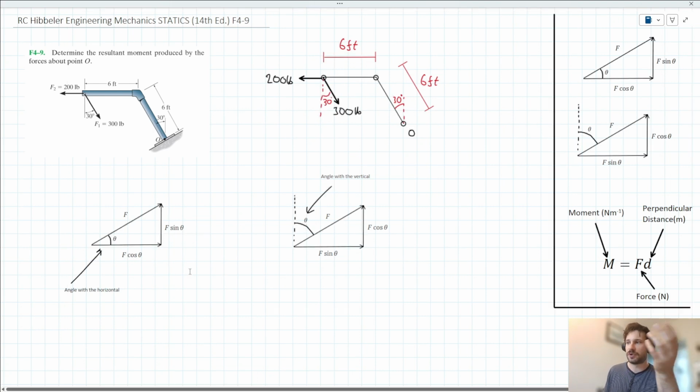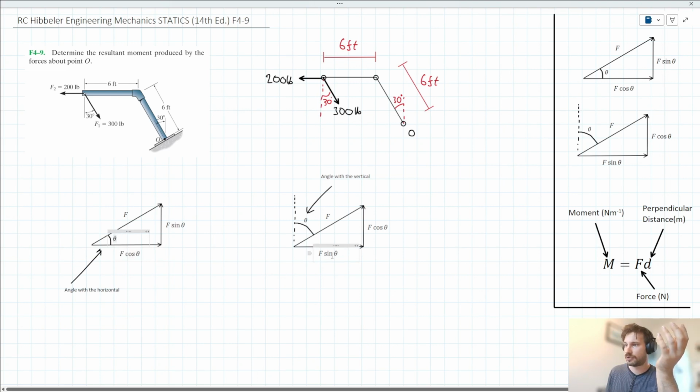Basically, I just wanted to make a quick point at the start of this tutorial. You might be most familiar with this way of decomposing vector quantities, where we have an angle with the horizontal. But in this case, we have an angle with the vertical. When you have an angle with the vertical, you can essentially swap these two around. Before, we would say that the horizontal is given by F cos theta, where theta is the angle with the horizontal.